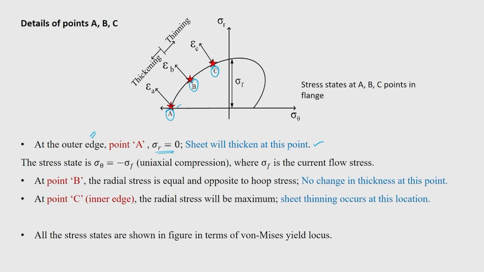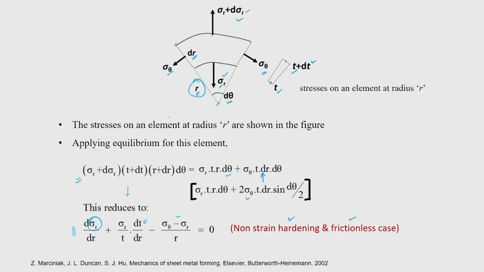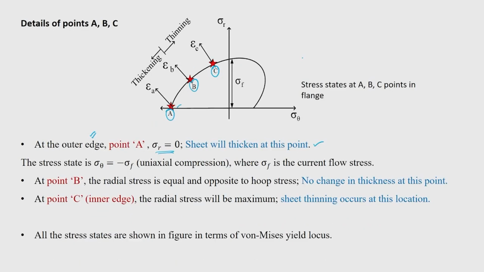So at the outer edge, that is why we have said t plus dt. You can write the state of stress as sigma theta equal to minus sigma f, which is known as uniaxial compression, and sigma f is our current flow stress. Before reaching the current flow stress, it would be your initial flow stress or the yield stress.